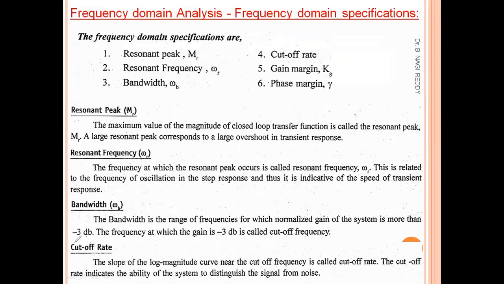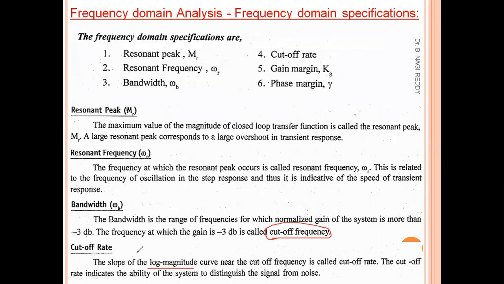We will plot the magnitude plot in the frequency graph, and that magnitude curve can be drawn with the help of logarithmic values. With the help of the logarithmic magnitude curve, that frequency point is called the cutoff rate.